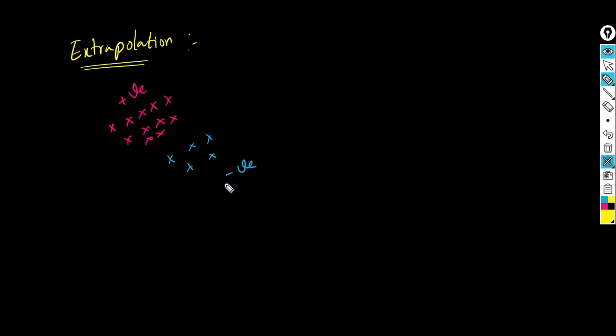In oversampling, we repeat the same points, but in extrapolation we create artificial points like this. By creating these artificial points, the number of points in both classes becomes the same. This is another approach.